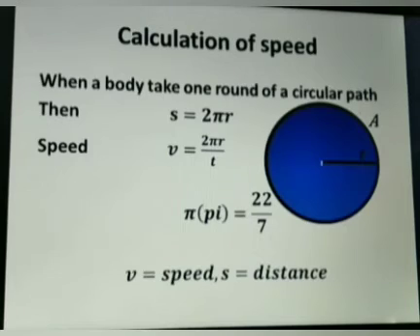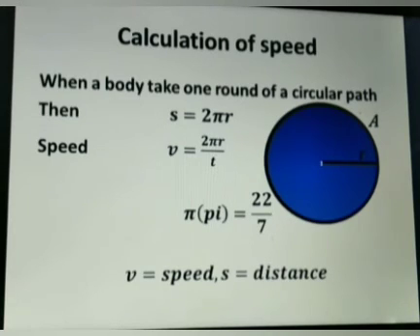Calculation of speed of an object moving in a circular path. When a body takes one round of a circular path, the distance travelled by that object is equal to the circumference of the circle. So, the distance travelled by the object, S, is equal to 2 pi r, and speed of the object is equal to distance travelled by time taken.